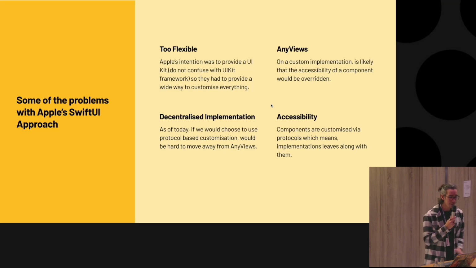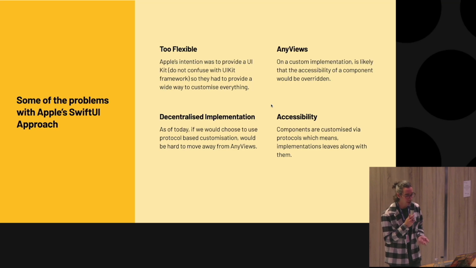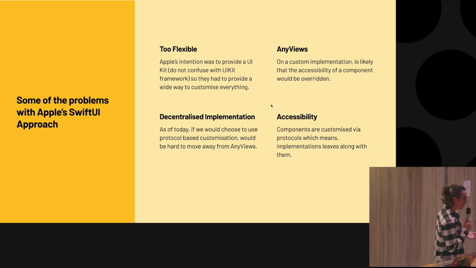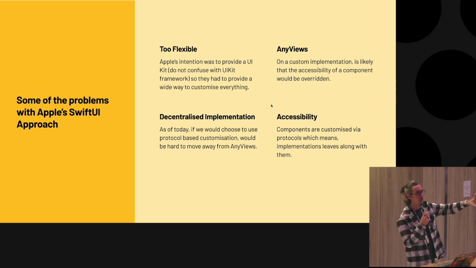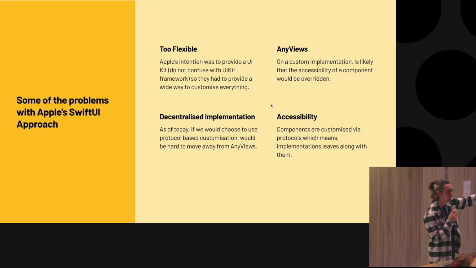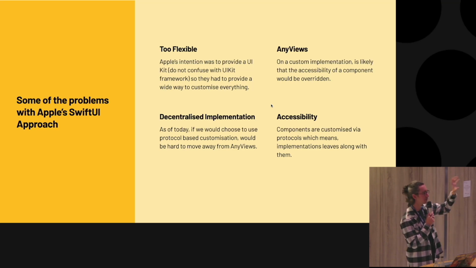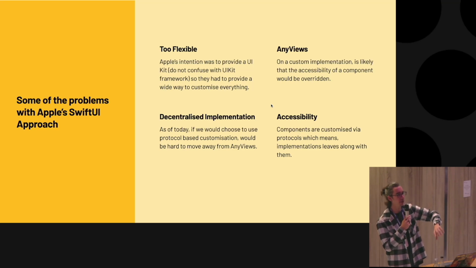And the problem with the protocol approach is you have a decentralized implementation. In a scenario where you have loads of components, and you start mimicking Apple's API, I have this protocol for my avatar, and this is my configuration base, so I try to replicate this and that. Like I have a square implementation, I have a circle implementation, I have a hexagon implementation.